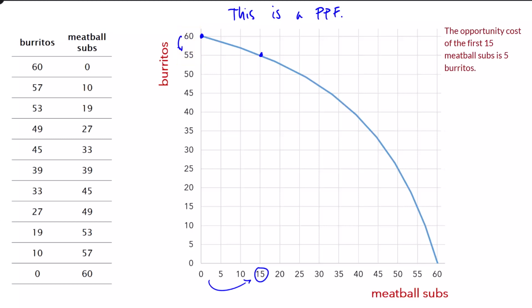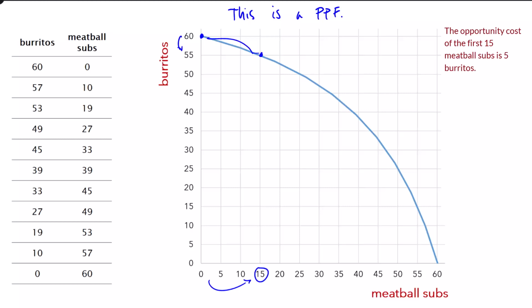And in fact, since this is curved here, every meatball sub that we add from 1 to 15 is going to have a slightly different opportunity cost. But anyway, when we add these first 15 meatball subs, we give up 5 burritos.